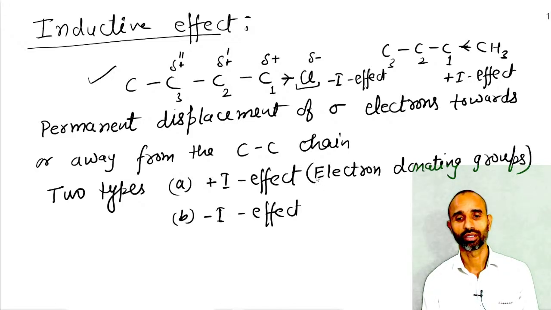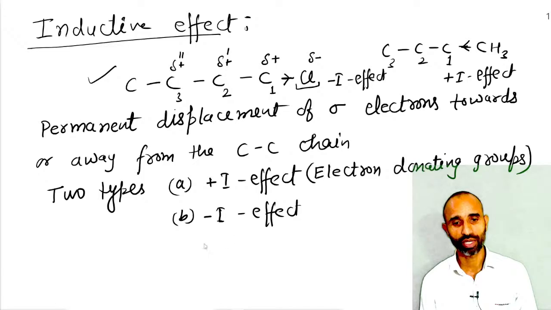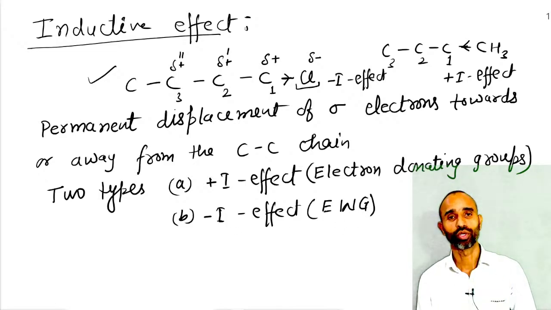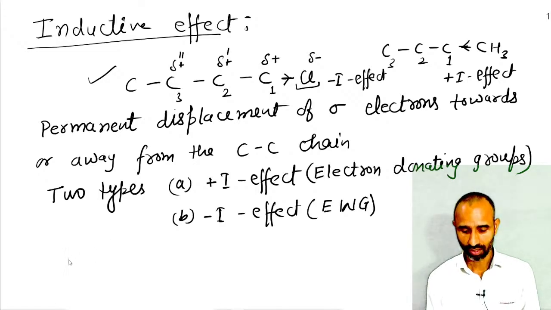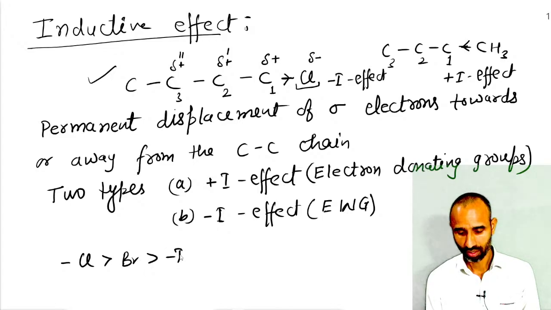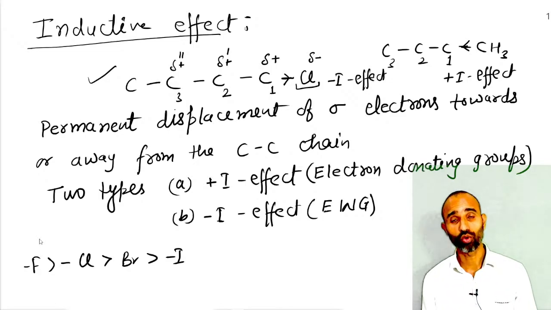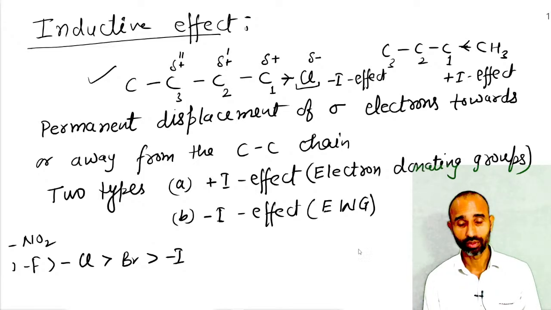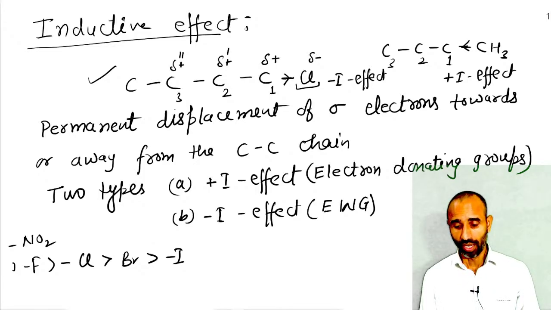If electron withdrawing groups are attached, then they show minus I effect, like chlorine, bromine, iodine, fluorine, nitro. And the more the number of carbon atoms, the more is the plus I effect.